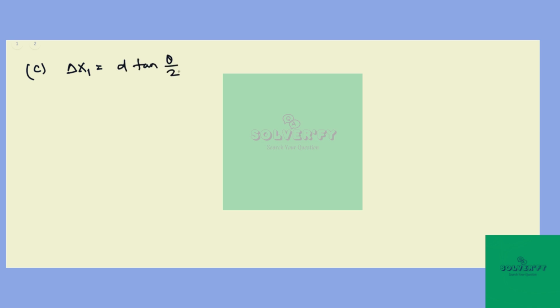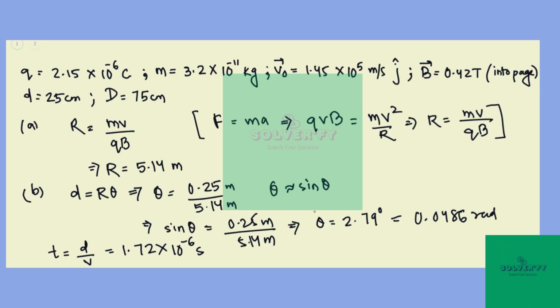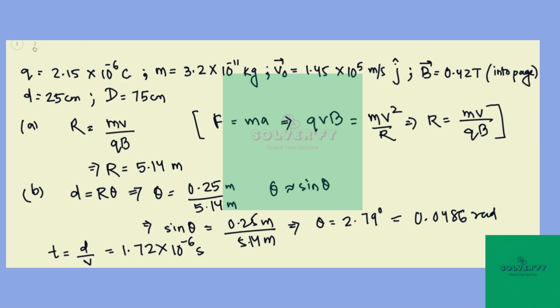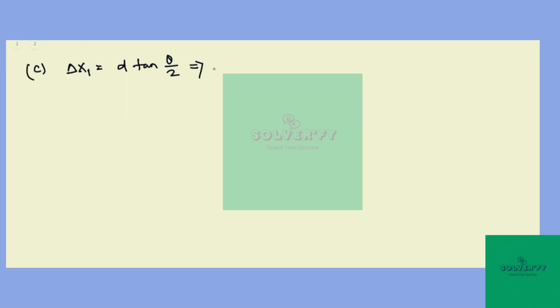To find that, we have to multiply d with tan theta over 2, and we use the theta from here, and we get this value of delta x1 to be equal to 6.08 times 10 to the power minus 3 meters.